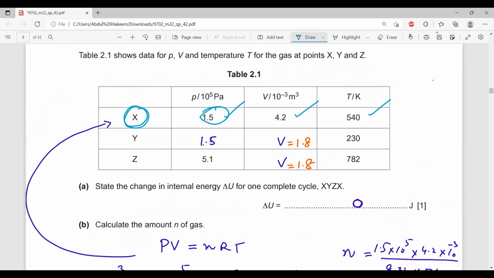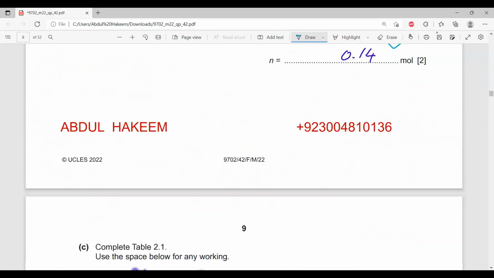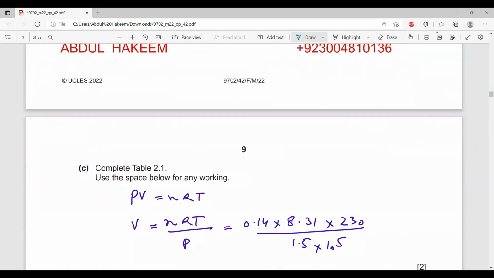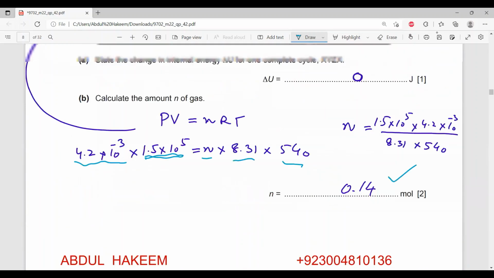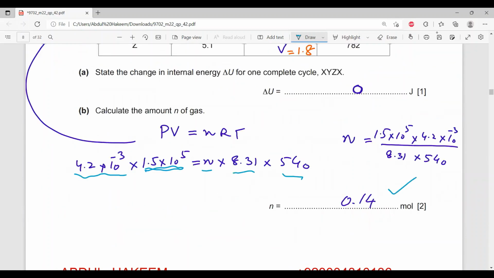Look, for the second one, pressure multiplied by volume is equal to nRT. So the volume is equal to nRT over P. So moles same, R value is 8.31. And next, the temperature, look at this.